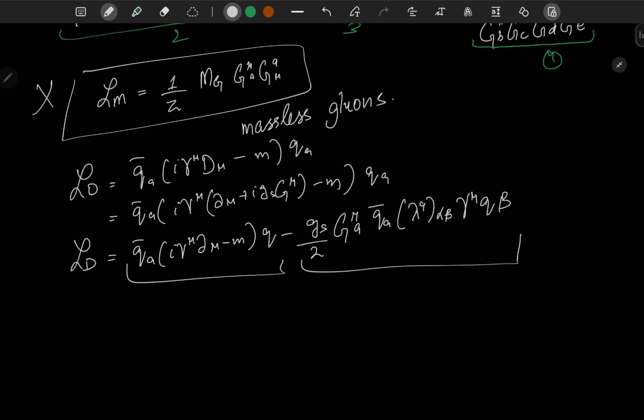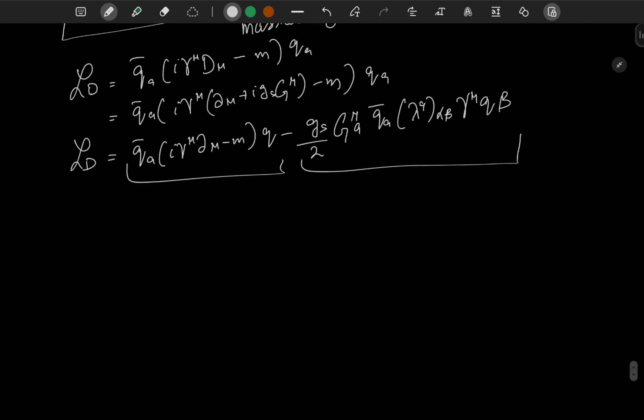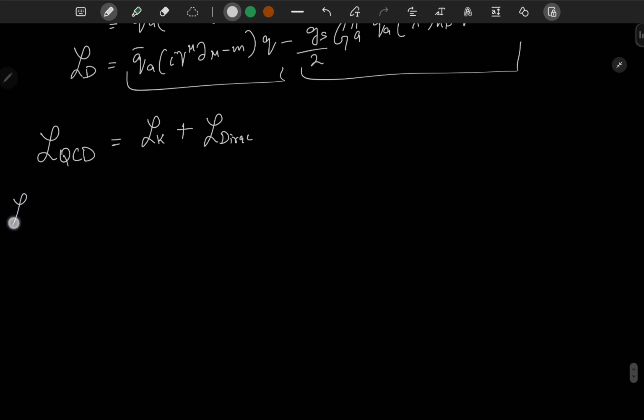So now if we want to write the full QCD Lagrangian, let's call this the QCD Lagrangian. That will be the combination of the kinetic energy term of the Lagrangian plus the Dirac term. Okay, let's write it.